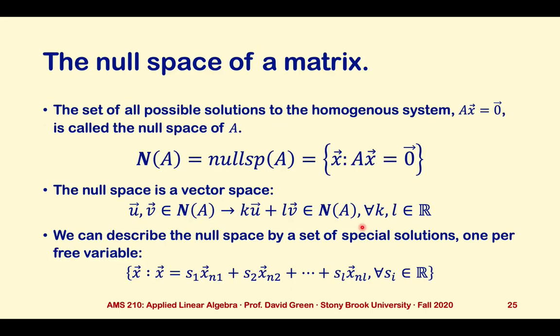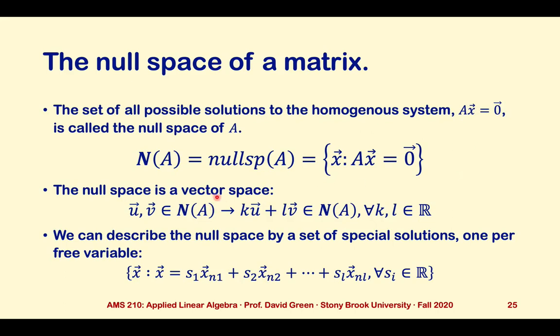Now, that was a little bit of a follow-up discussion on the column space and the row space. Now let's return our attention to another vector space we've seen associated with a matrix, the null space of a matrix. Remember, the null space is simply the set of all possible solutions to AX equals 0, a homogeneous system.